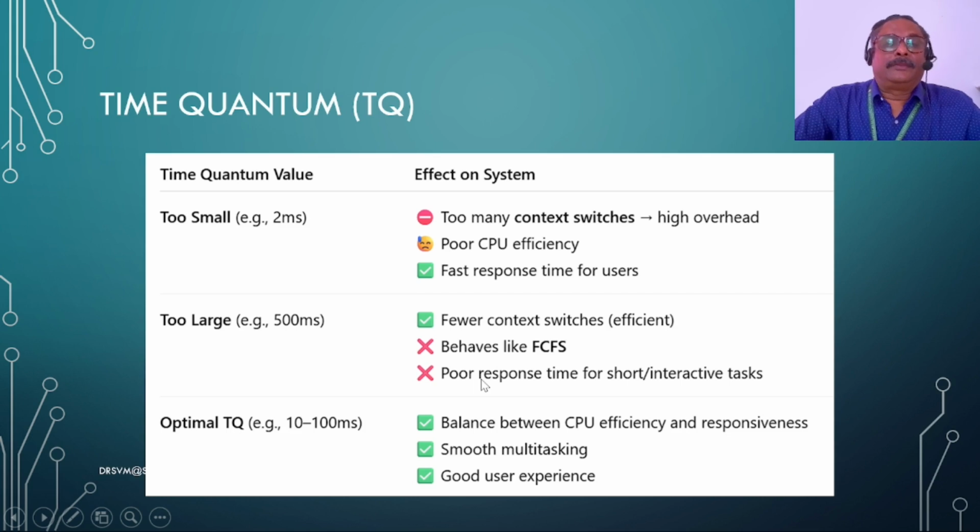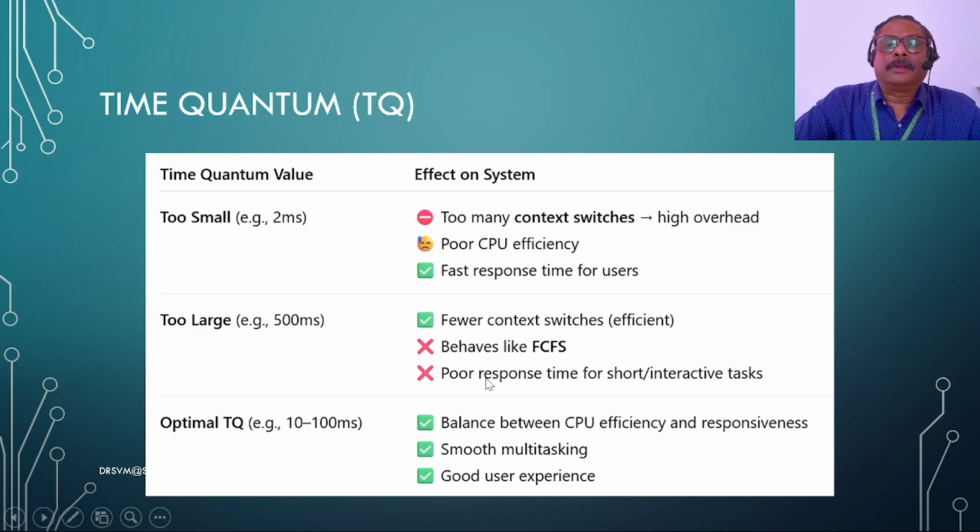logic, and definitely very poor response time for short or interactive tasks. If the task is very short and it happens to be at the third or fourth or fifth position, then only after 3, 4, 5 times 500 milliseconds does it get a chance to run for the first time.